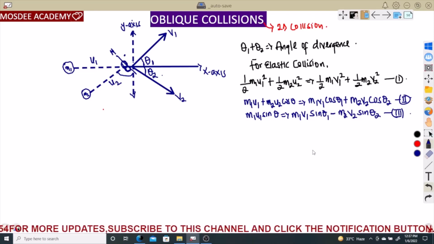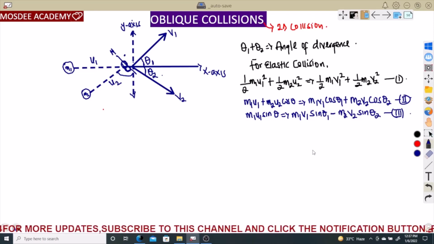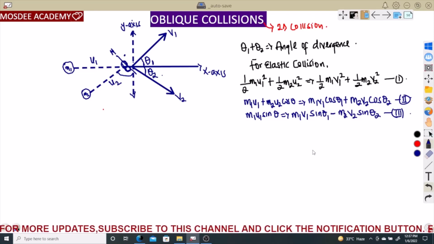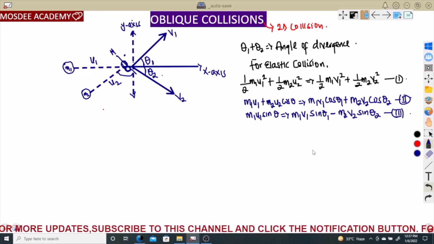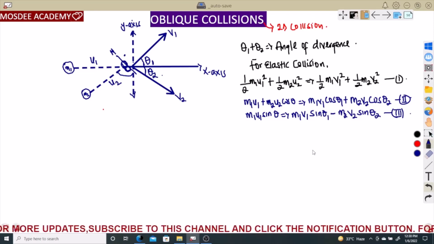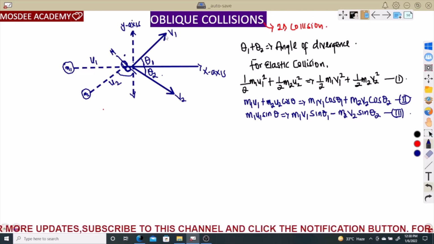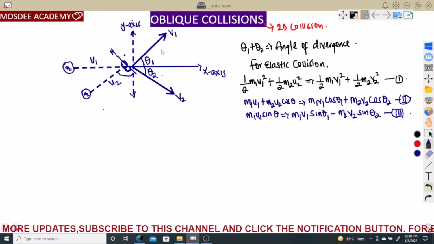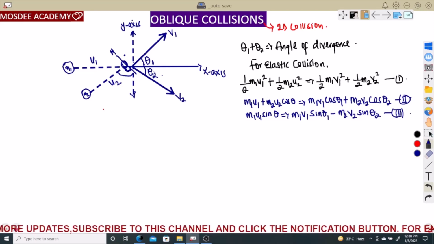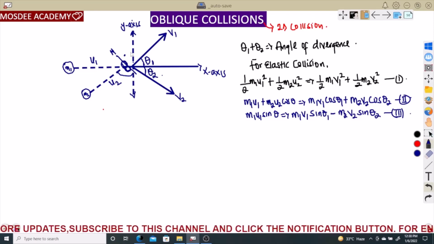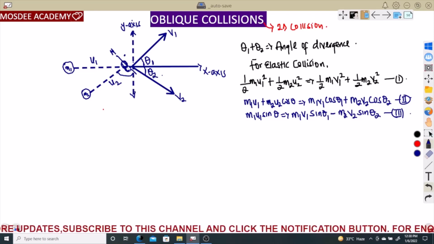If we resolve that one, that is 0, because initially we are resolving to the vertical, it's already at the vertical. Please note that. So I resolve that to the vertical, then I have M1 V1 sine theta 1. You can see opposite over hypotenuse is sine theta. Then I told you if I resolve this one here, it will be the opposite of this one, because they are in opposite direction. So always keep that in mind.